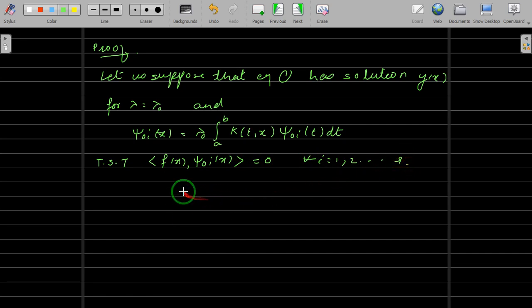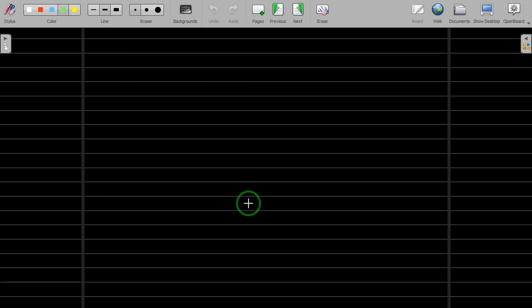That means you have to show that the integral from a to b of f(x) ψ0i(x) dx equals 0 for all i from 1 to r. This is what you have to show. Clear? So start with your left hand side and do some manipulations, some settings over there. So let us start with your left hand side.